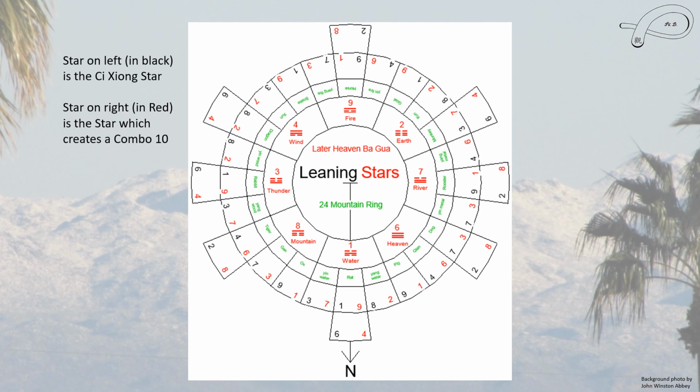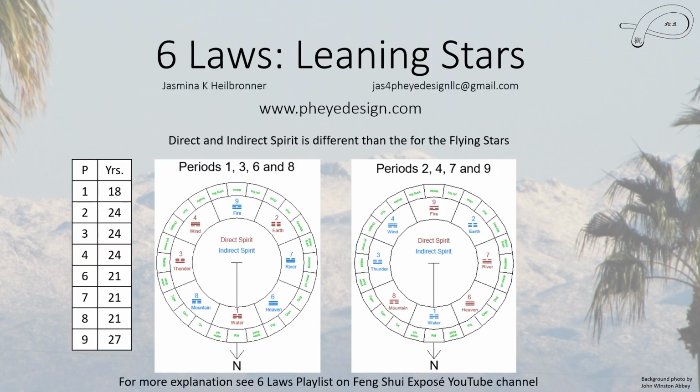So it only flips every 90 years. Here it flips with the Schwen Kong calendar, which doesn't have a set number of years. So this is the years associated with the periods in the Schwen Kong calendar, and that's why you can see that period 1 only has 18 years, whereas period 9 has 27.